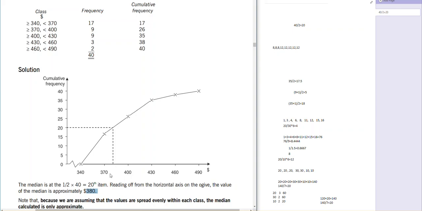It is in the middle of 370 and 400, but if you want to be a little bit exact, it becomes about 380. You can find it like this as well. So we have 26 frequency, and this 26 frequency lies here, so the value would be in between that.